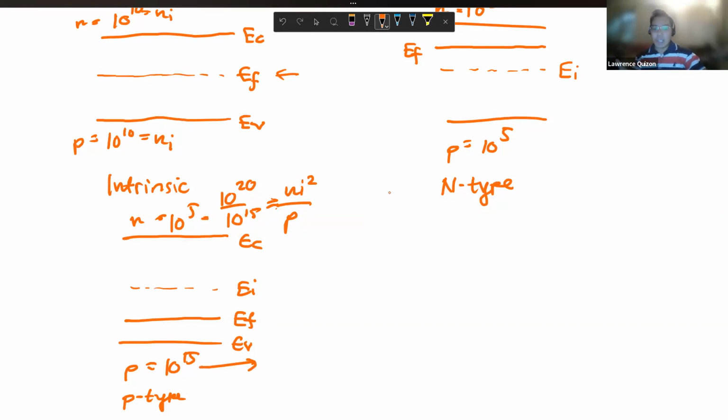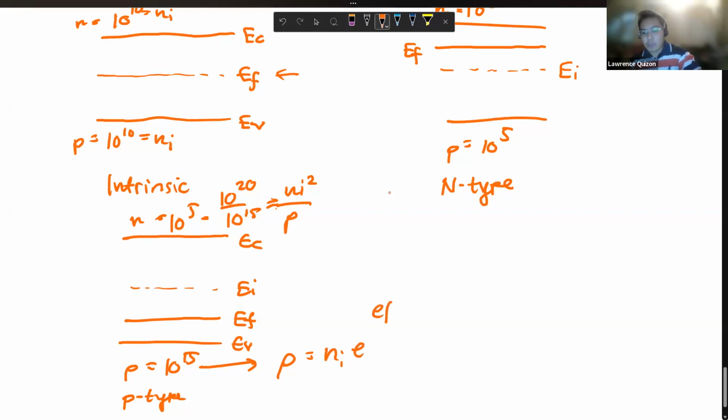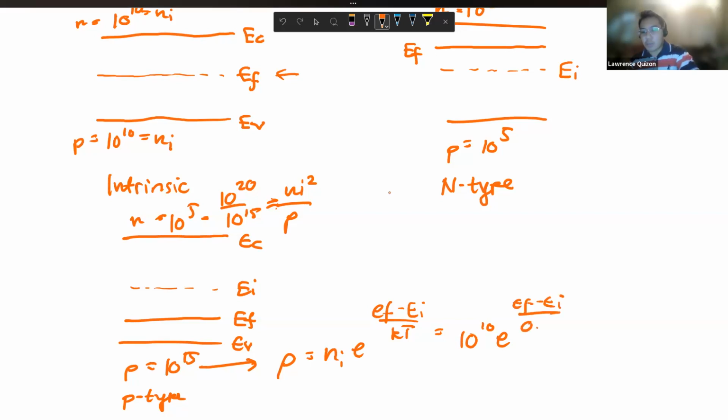Now, given the number of holes, which we assume to be 10 to the 15, let's try to find kung nasan si EF, no? Relative to EI. So, P is equal to Ni, no? That is 10 to the 10, times e to the EI minus EF over kT. So, that's 10 to the 10 times e to the EI minus EF, which we're solving for, over 0.026, no?